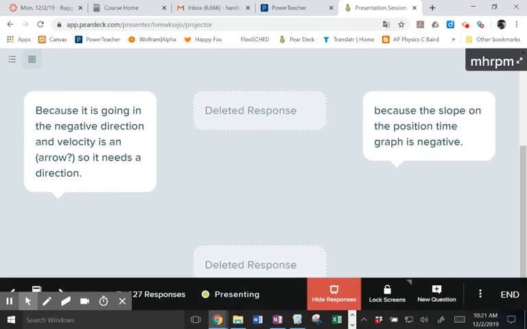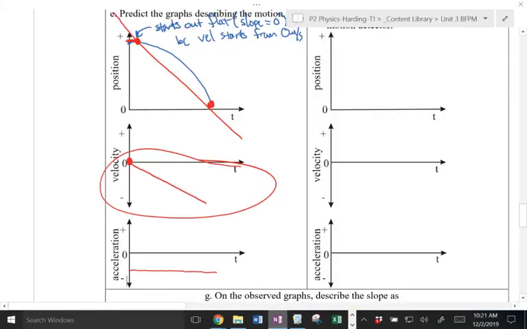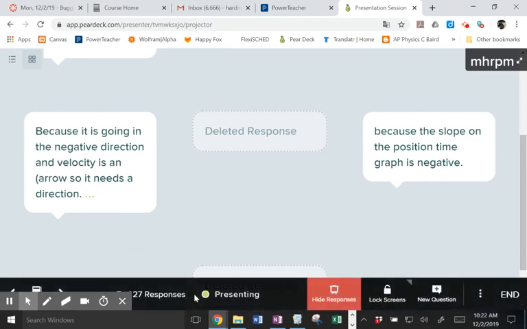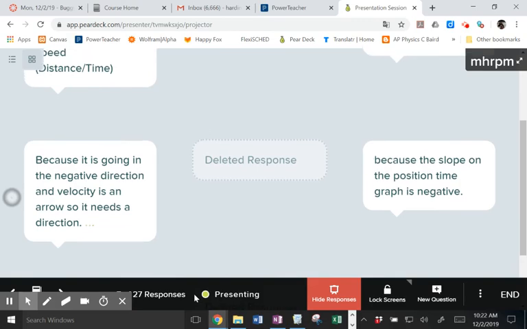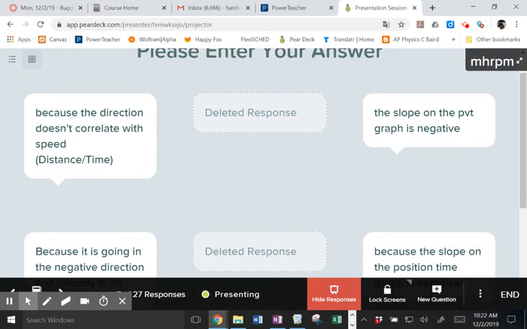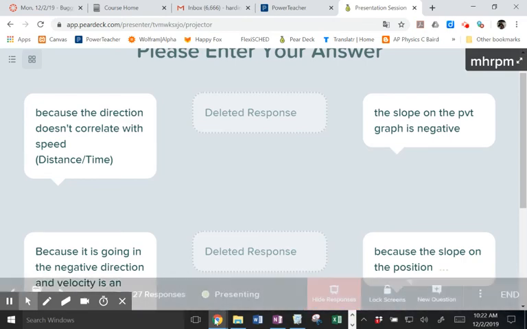So this is something that was kind of tricky from before. Sorry, I didn't show you your friends' responses, but again, slope on the position time graph is negative. The object is going in the negative direction. The velocity is an arrow, so it needs a direction.